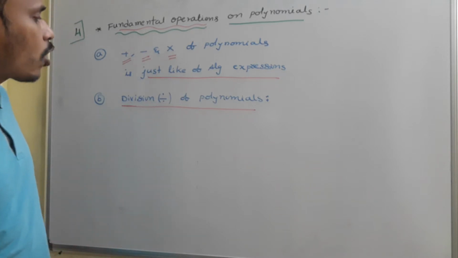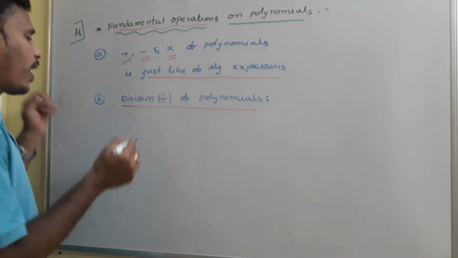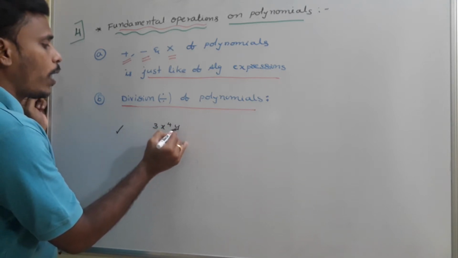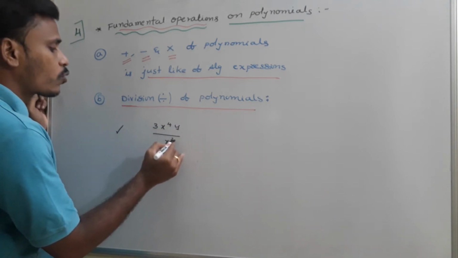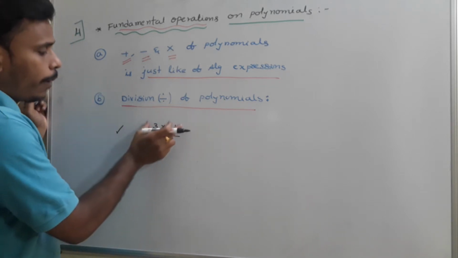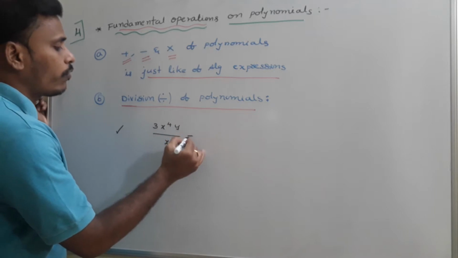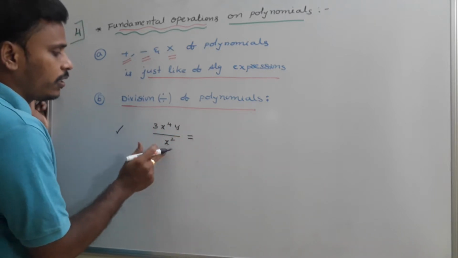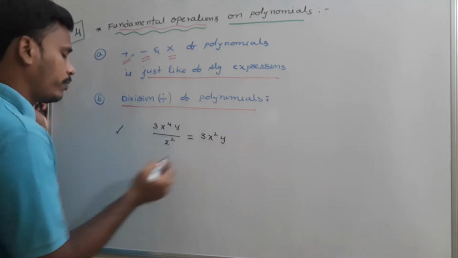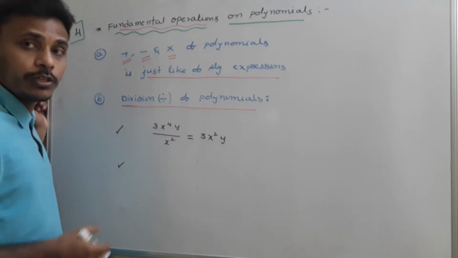For suppose you have something like 3x^4 y divided by x^2. Dividing a monomial by a monomial, a polynomial of one term by a polynomial of one term, is a bit easy. You just divide by x^2 and it is directly 3x^2 y. I think you all know the way of division also.